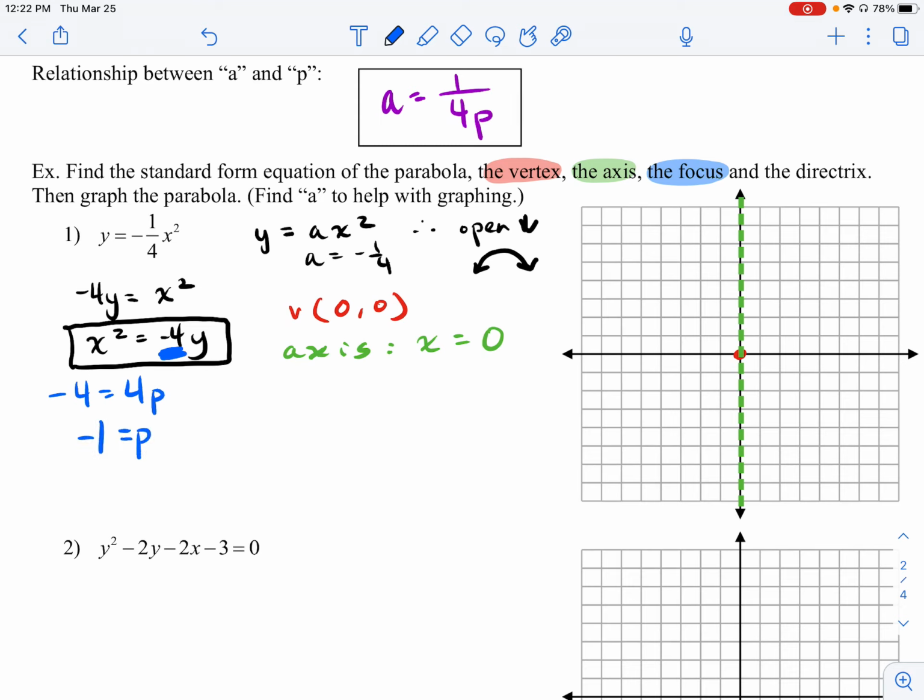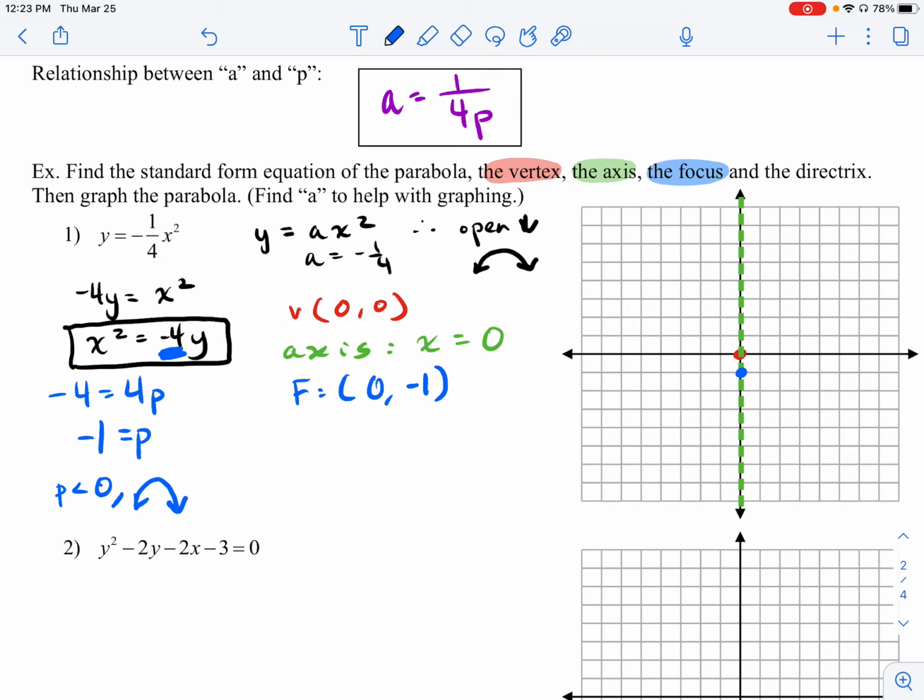Since our p-value is less than 0, we know, again, it is opening downwards. Our focus is going to be inside our parabola, below our vertex. So we can say that our focus is going to be 0, -1. So 0, -1 down here.